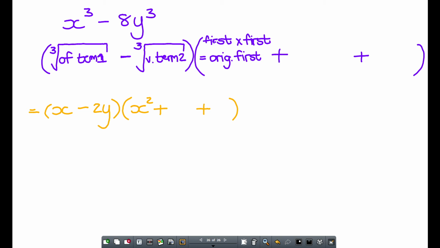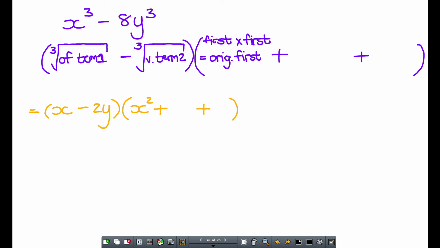Kyk. Nou, hierdie laaste stukkie is lekker maklik. Last times last will give you last. Met ander woorde, 2y maal wat gaan vir my gee 8y kwadraat. Ja, goed.